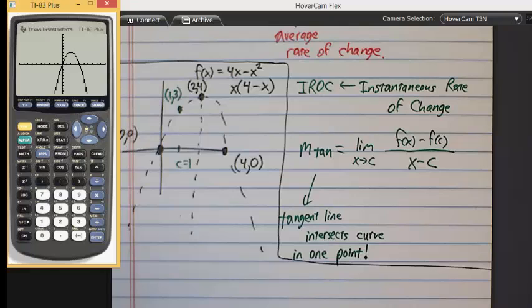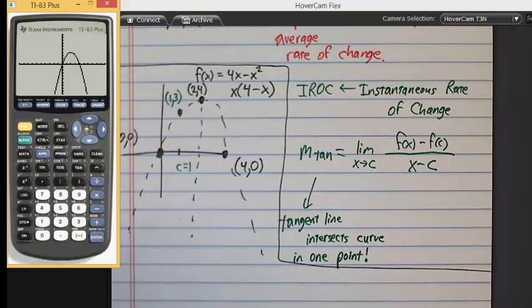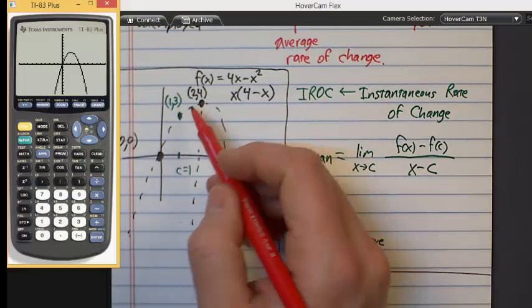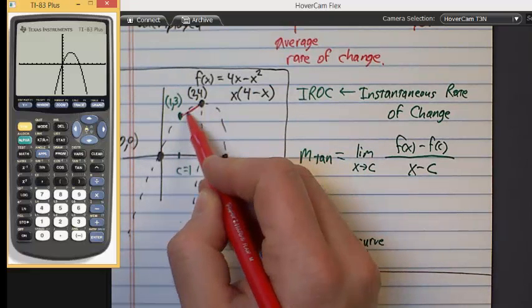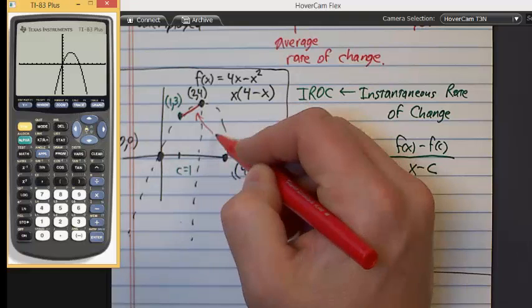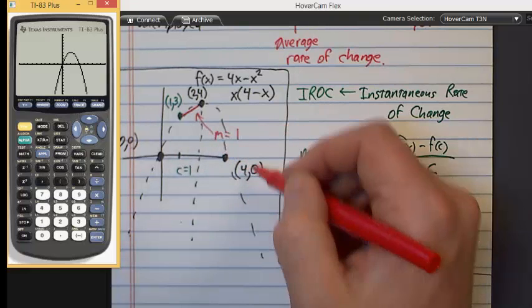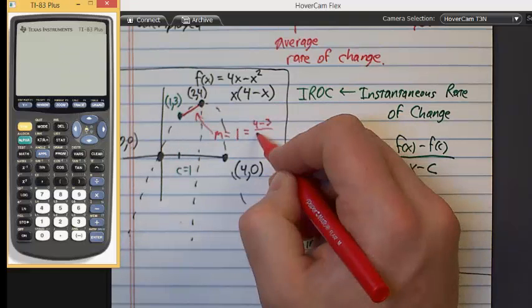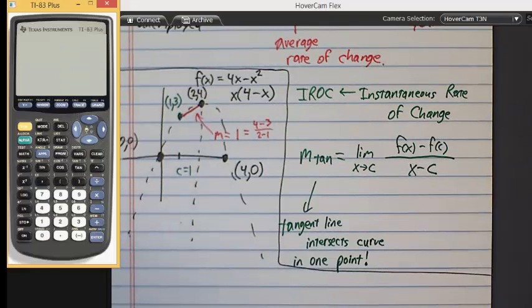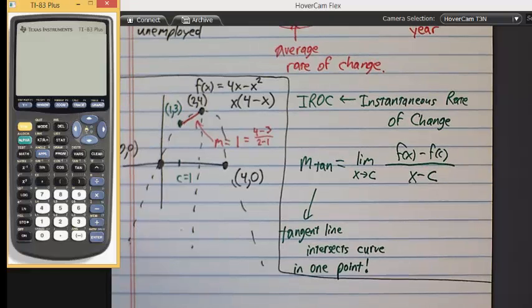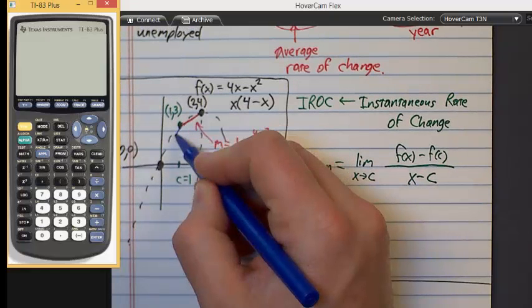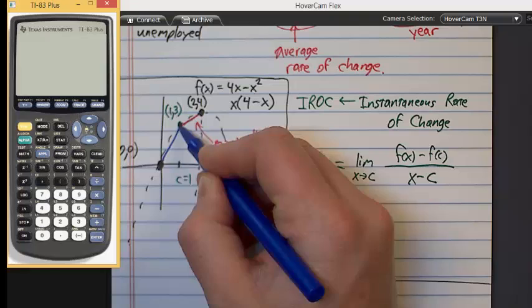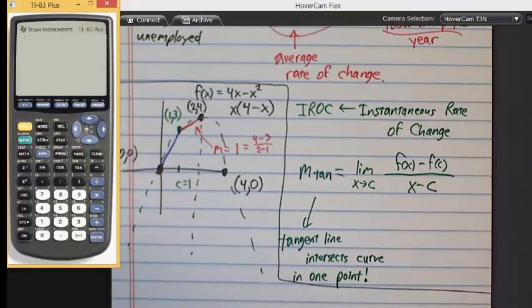By the way, I could compute some different slopes here. See this red line here? That slope would be 1, because that's 4 minus 3, the y-coordinates, over 2 minus 1. See this slope here? Talk to someone next to you about what you think the slope of the blue line is.